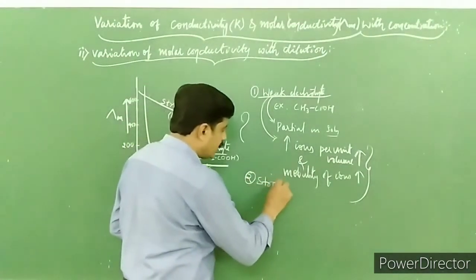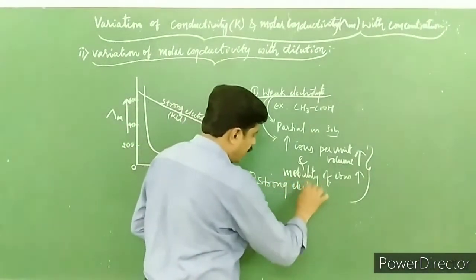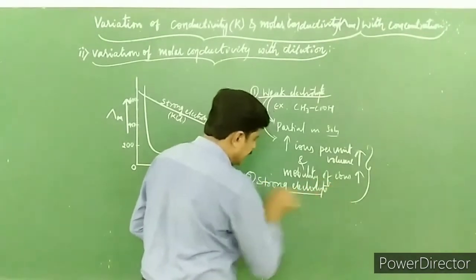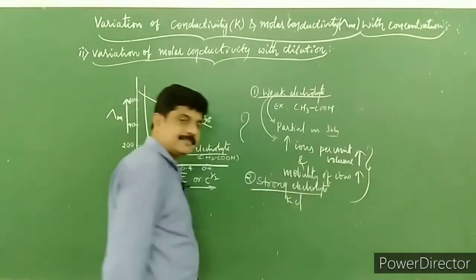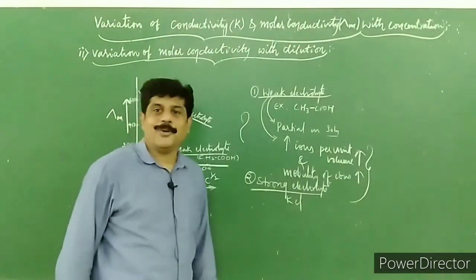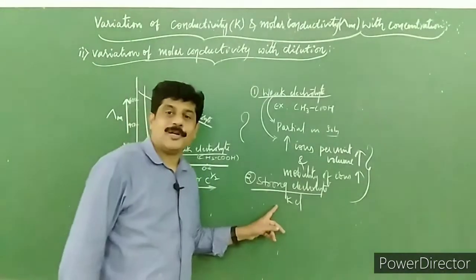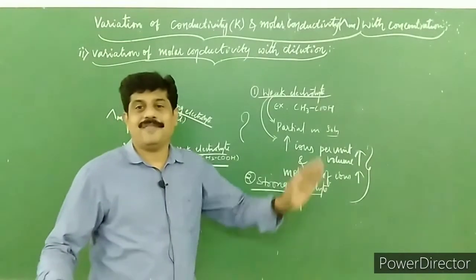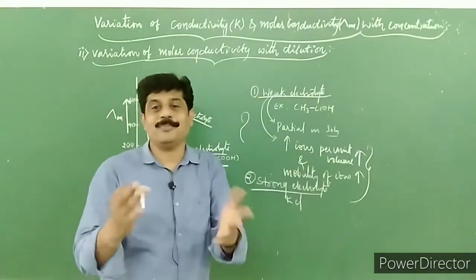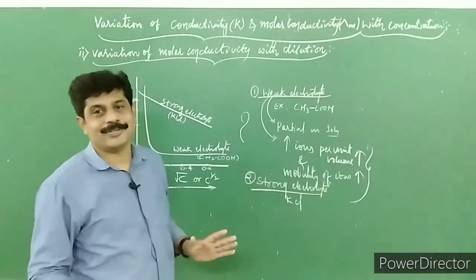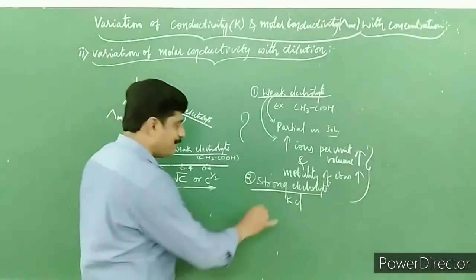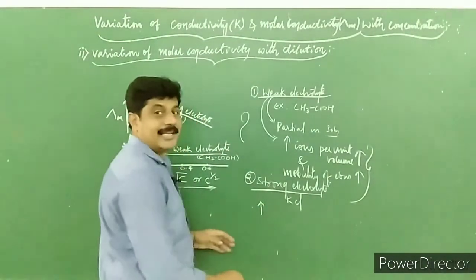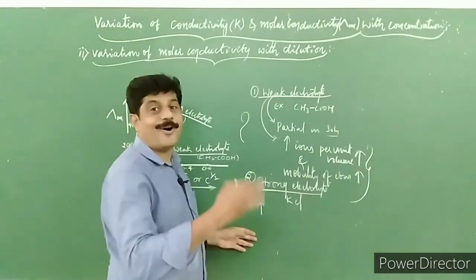Children, let me quote an example for strong electrolyte like potassium chloride. Children, you know that strong electrolyte undergo complete dissociation in solution. Further dilution does not bring any further dissociation. So because of that, number of ions are not going to increase per unit volume on dilution.